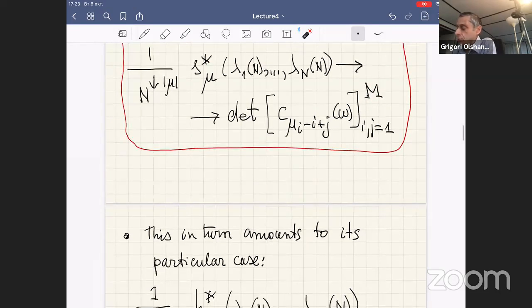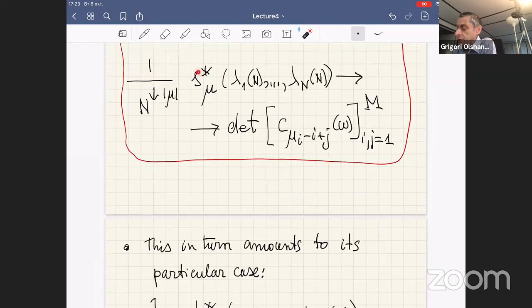Here we use the fact that this object is an element of an algebra of shifted symmetric functions, and this algebra is filtered, and the associated graded algebra is the algebra of symmetric functions.